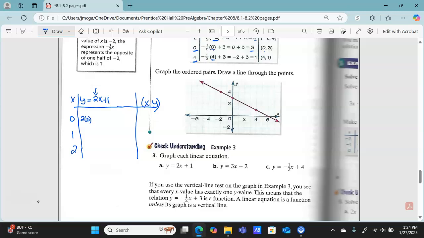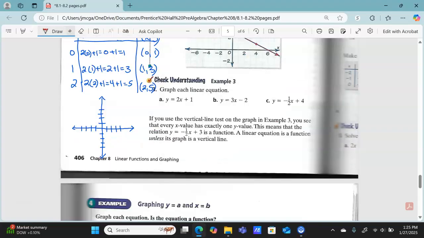So 2 times 0 is 0, plus 1 is 1, and so I have 0, 1. 2 times 1 is 2, plus 1 is 3, so I have 1, 3. And then 2 times 2 is 4, plus 1 is 5, and so I have 2, 5.